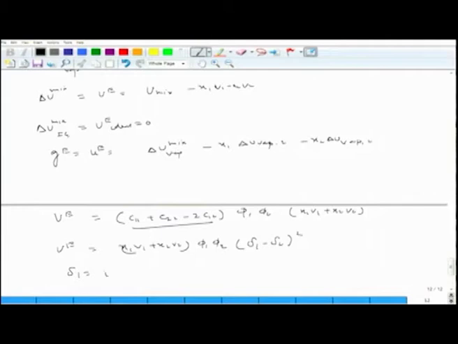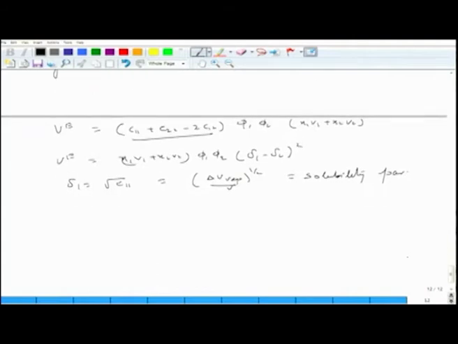So, delta 1 is nothing but square root of C11, the cohesive energy density, is a solubility parameter, and similarly delta 2 is square root of C22, again the solubility parameter.